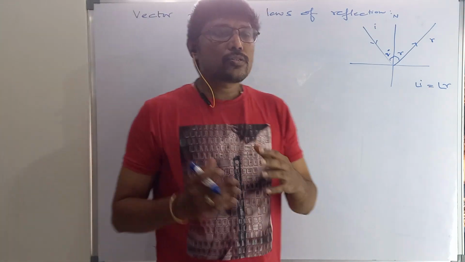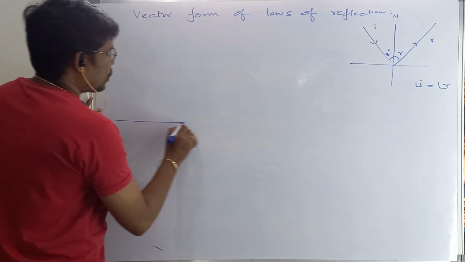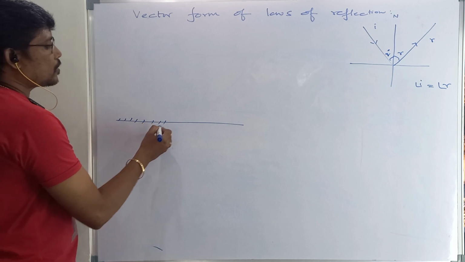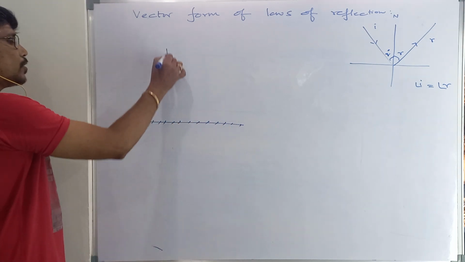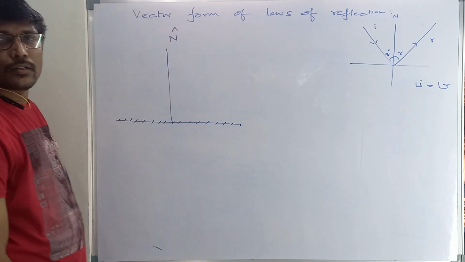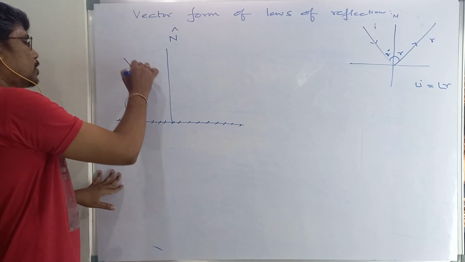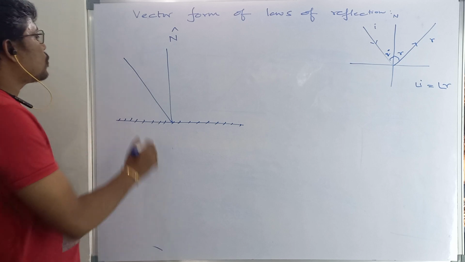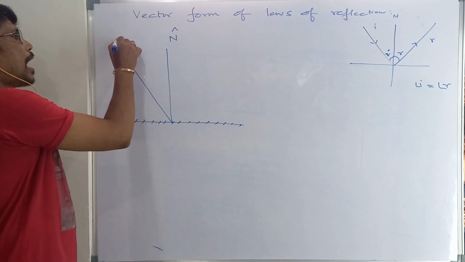Now let us consider the same thing. This is a surface, and this is the normal for this surface, and I would like to consider the normal vector, which gives the direction of the normal. This is the incident light, which is coming from infinite distance. The direction of the incident light you can consider as I cap.